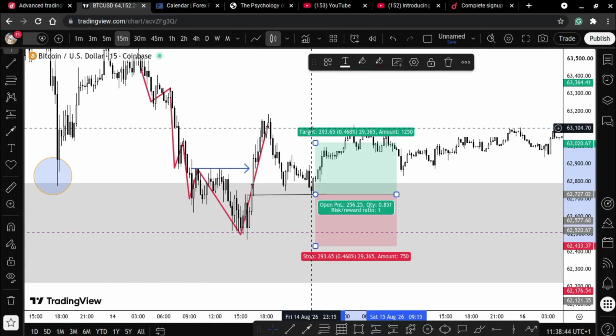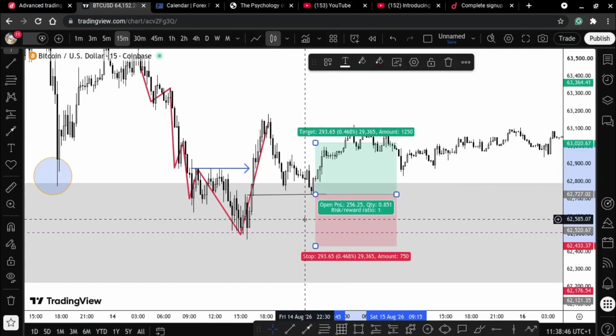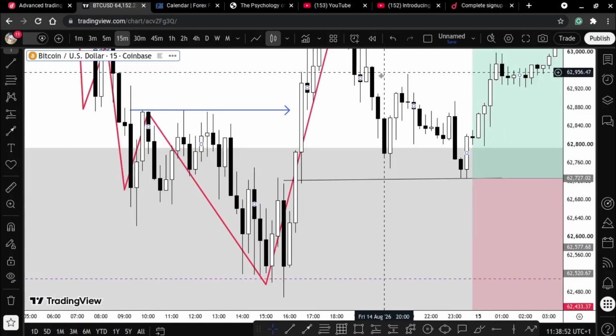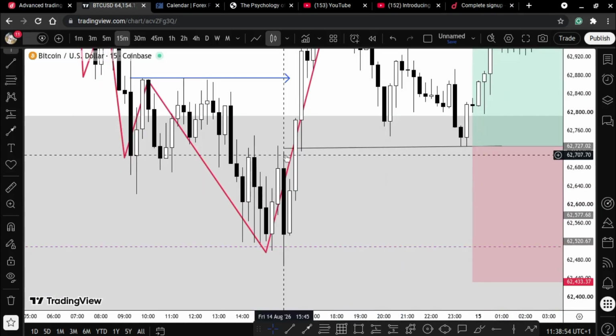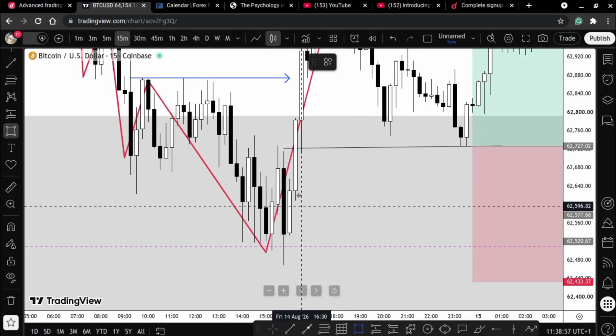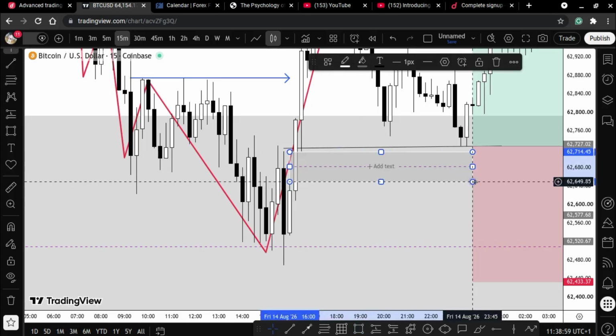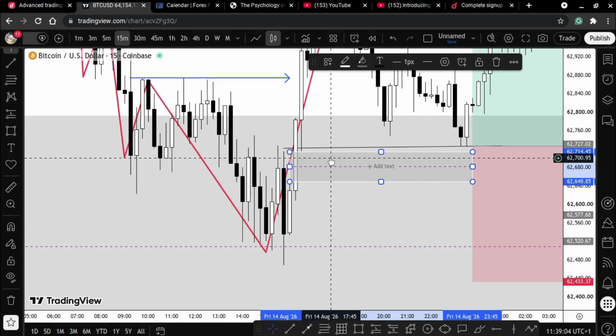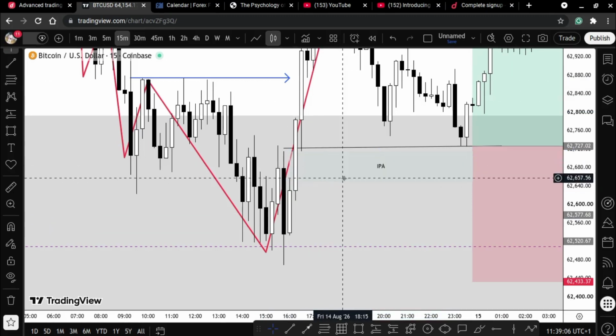Other times it might just clear the liquidity a bit, because if I zoom in, you'd see that just below that liquidity level we have an imbalance right here, and price might come to fill up the imbalance. You never can tell.